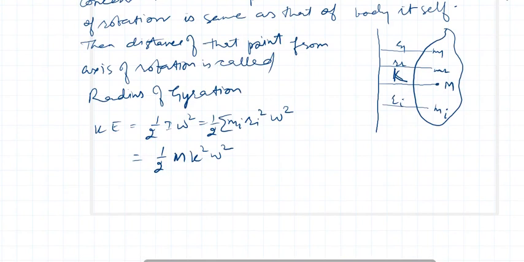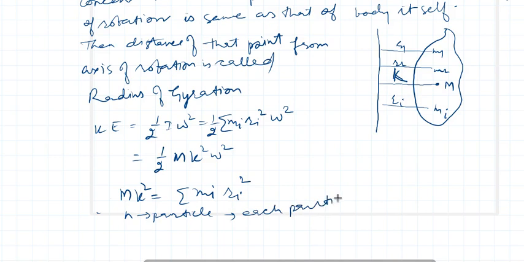So I want to derive the expression for this radius of gyration k, and how it can be calculated. It means that M k square is equal to the summation of mi ri square. Let me suppose that there are n particles, and each particle is of mass m, that means m1 is equal to m2 and so on, equal to m.